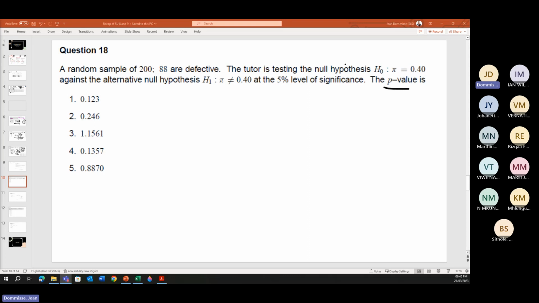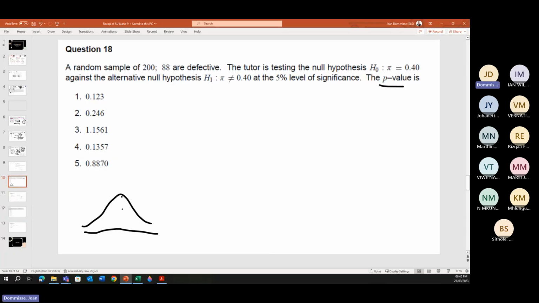Okay, cool. So we need to work out the p-value. For that, we will need to work out what the t-stat is that we're going to use.